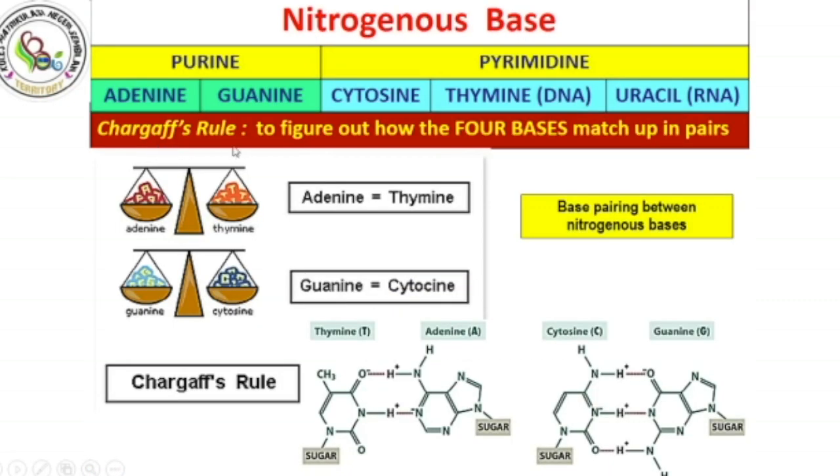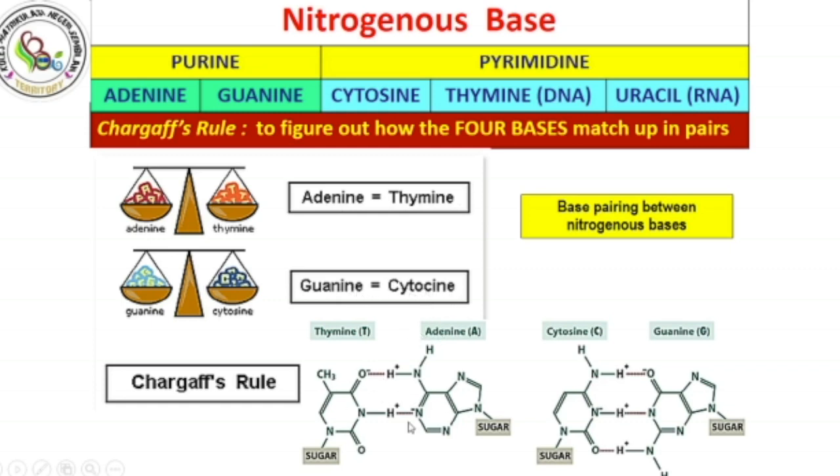Chargaff's rule is a rule that is used to figure out how the four bases of DNA match up in pairs. So based on this rule, adenine base always pairs with thymine, and guanine always pairs with cytosine.